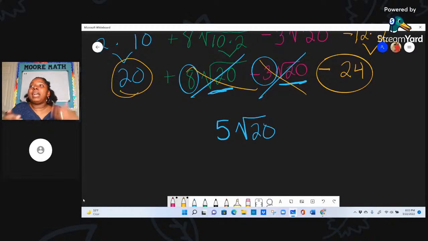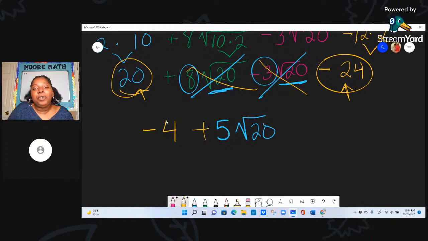Okay, so we can combine 20 and -24. What's 20 plus -24? So subtract them, 24 minus 20. 4. Good. And because there are more negatives here than positives, it's going to be -4, plus 5 square root of 20.